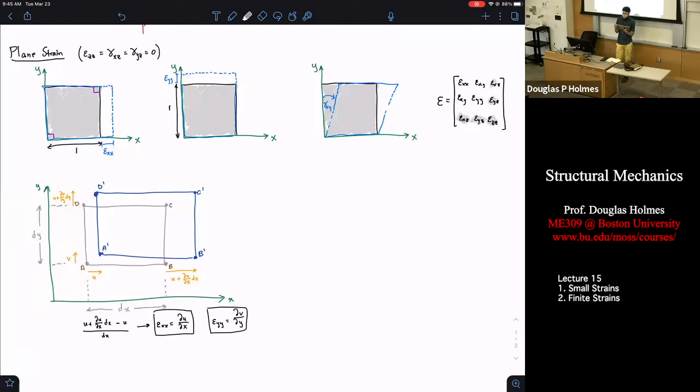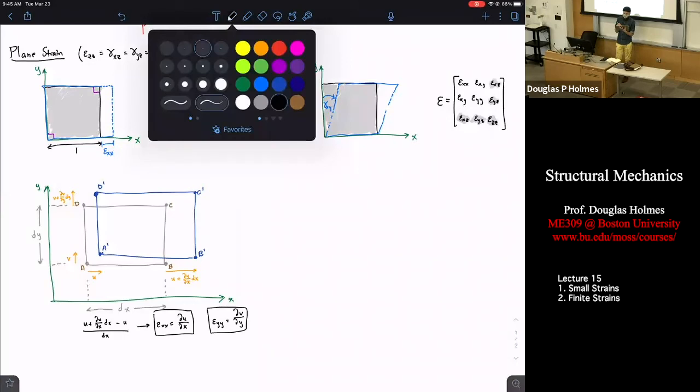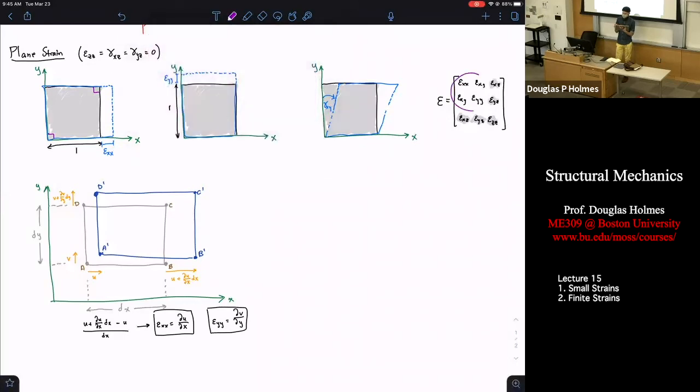Plane strain only cares about strain in the XY plane. We've now just found two of them, and so we only have one left.